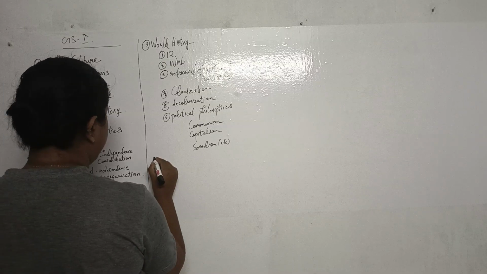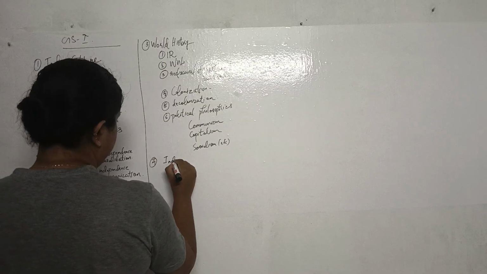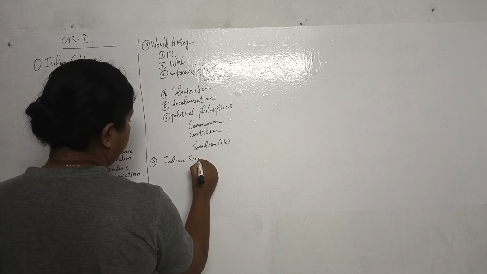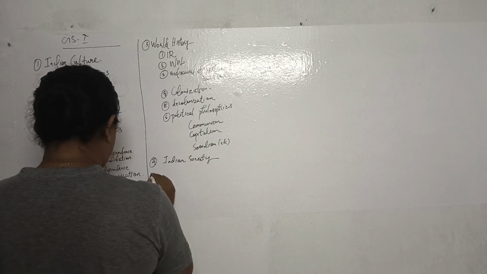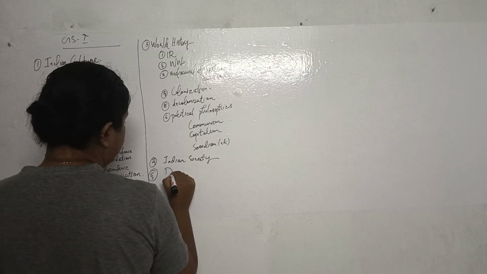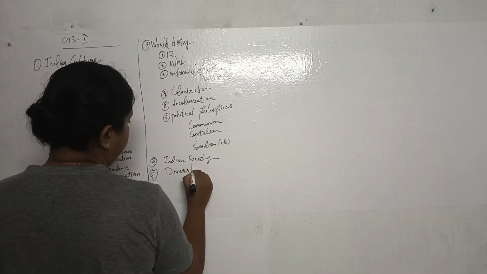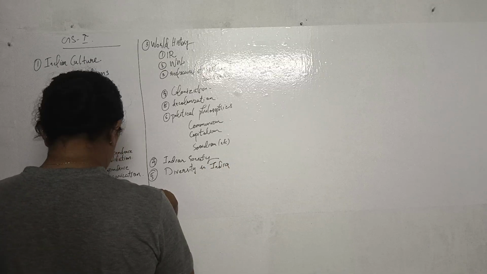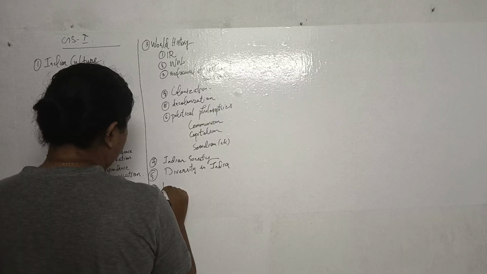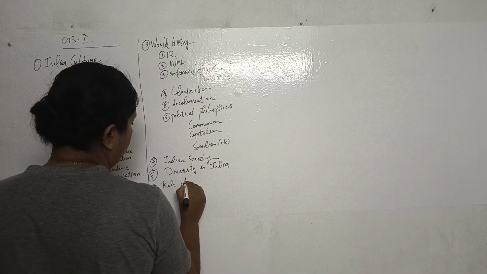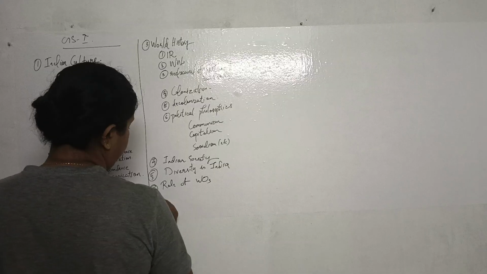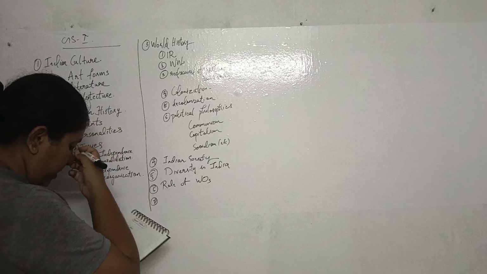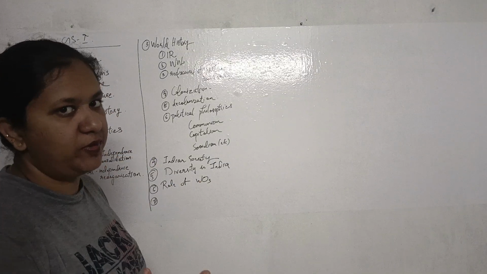Then the fourth topic is Indian society, the features of Indian society. Then the fifth topic is diversity in India. Then the sixth topic is the role of women organizations, in every kind of thing.